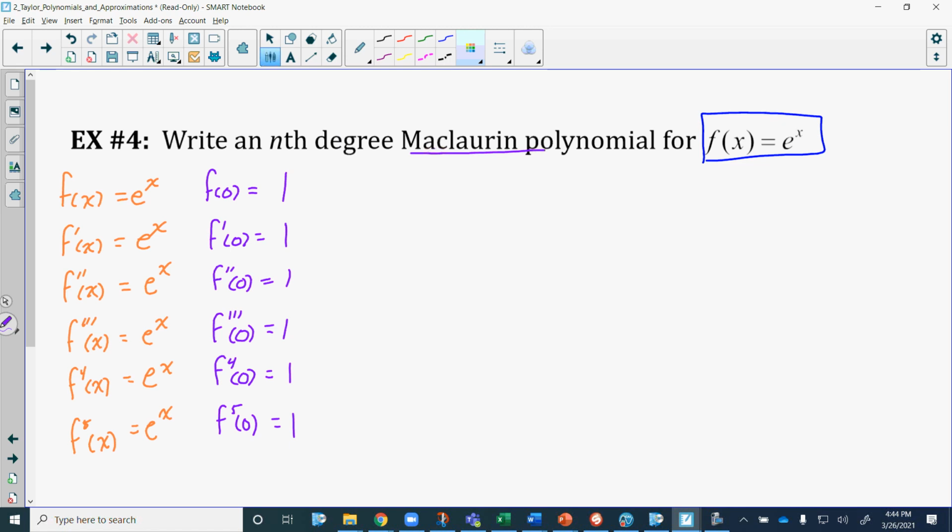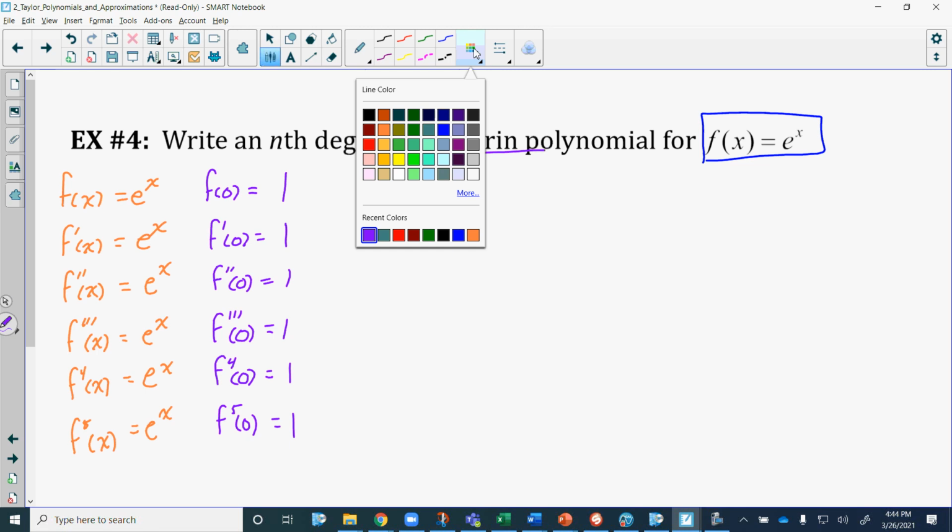So here, one more time, let's go ahead and write out the generic Taylor polynomial.